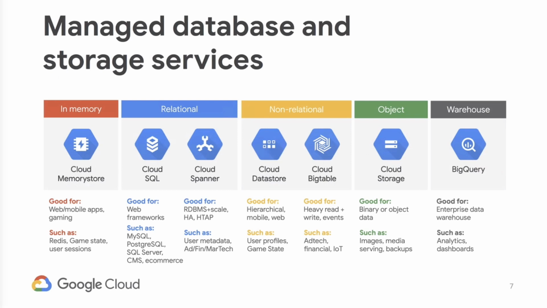We offer the following database management tools. If you want SQL, we have Cloud SQL and Cloud Spanner. If you're looking for an in-memory database, we have Cloud Memorystore. If you're looking for a NoSQL scalable database, we have Cloud Datastore and Cloud Bigtable. Our object storage product is called Cloud Storage. And for warehouse functionality, we have the incredible BigQuery.